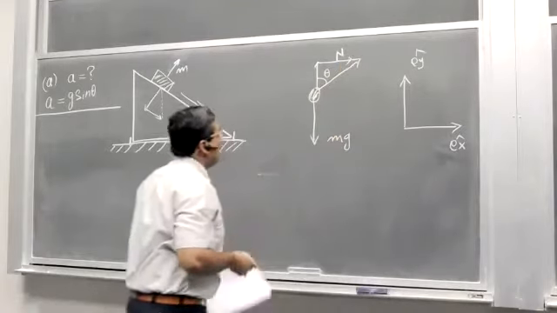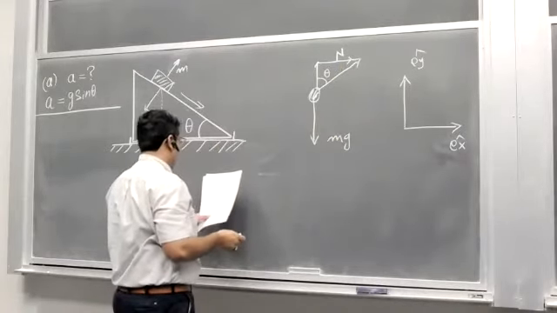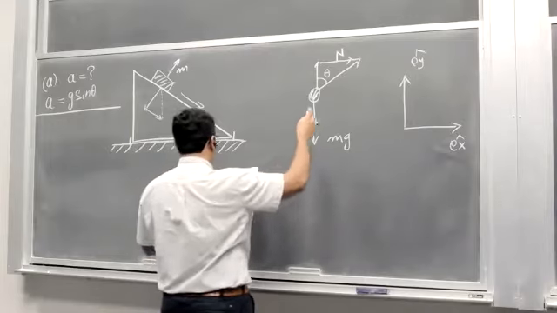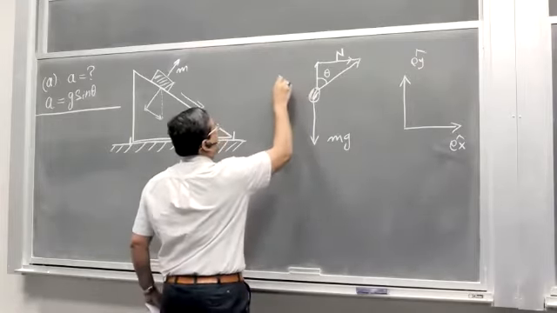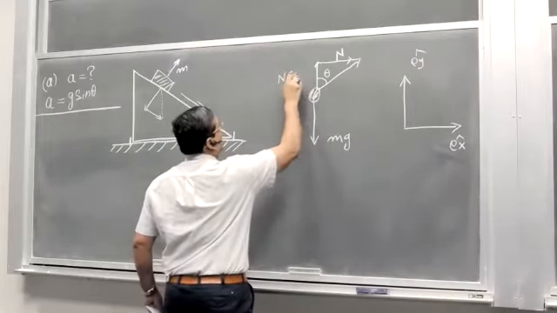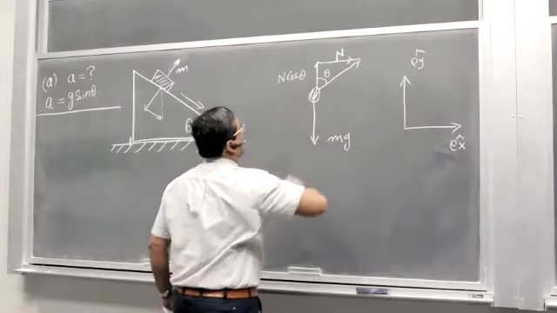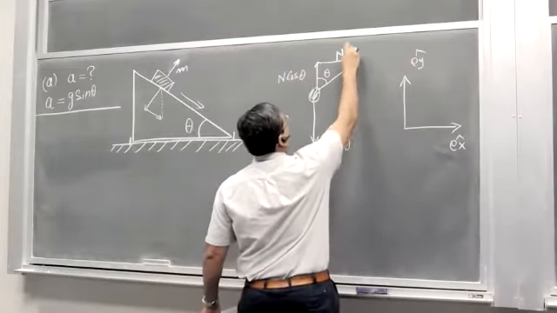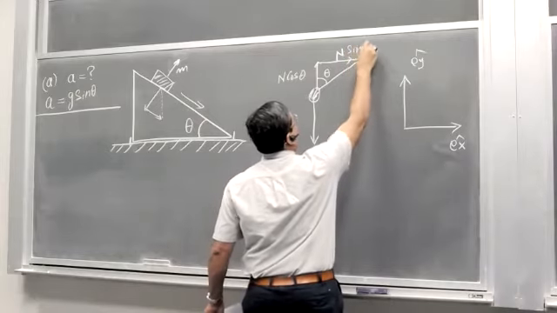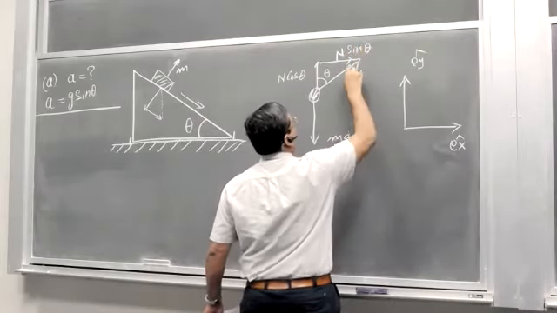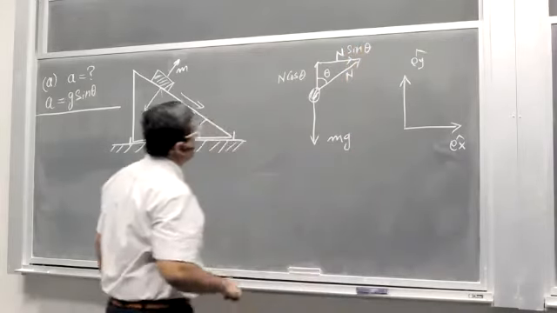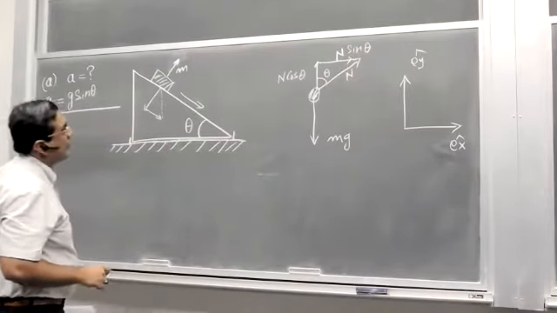This would be N cosine theta, and this would be N sine theta, where N is the normal force.